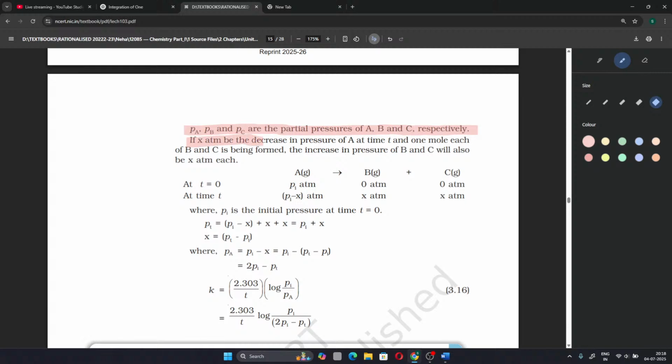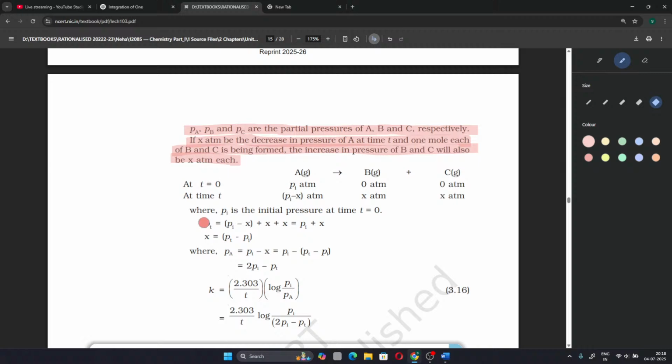If x atm be the decrease in pressure of A at time t, and one mole of each of B and C is being formed, the increase in pressure of B and C will also be x atm each.